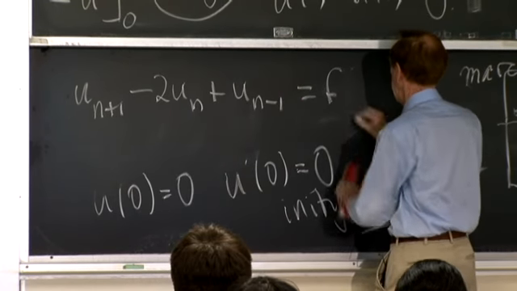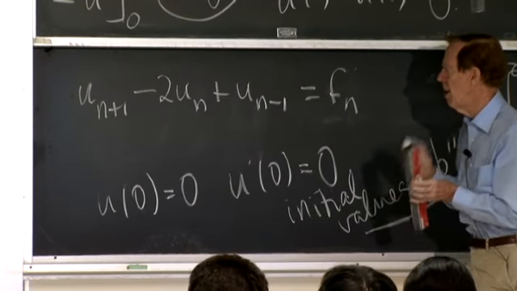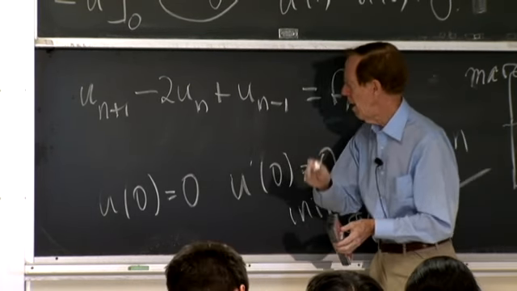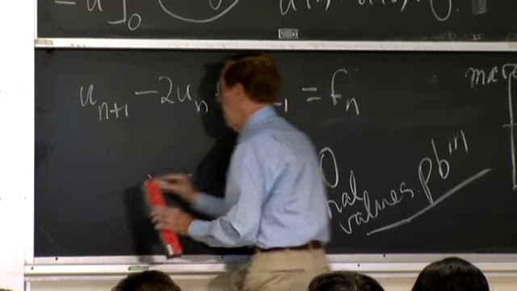So f_n, maybe. By marching forward, I just mean that with this equation I can go in order.